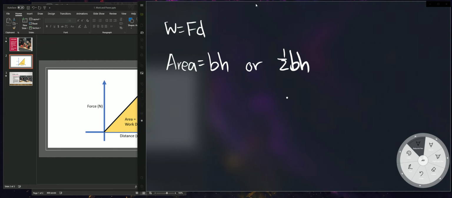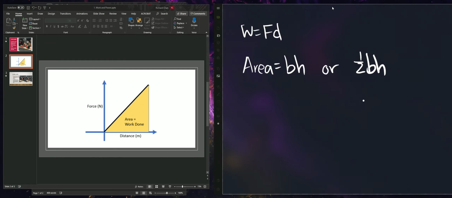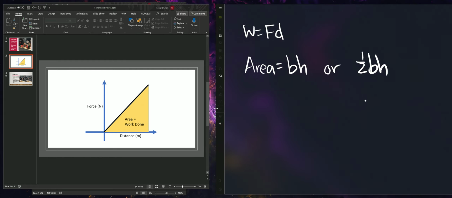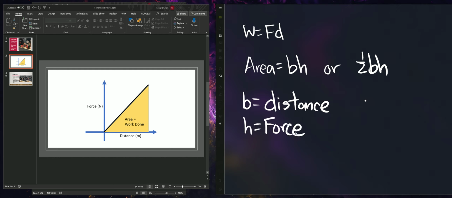Well, what's your base on this graph right here? Your base is your distance. Well, what's your height? Your height is your y-axis, and so your height is going to be your force. And so since it's a triangle, your area is distance times force.